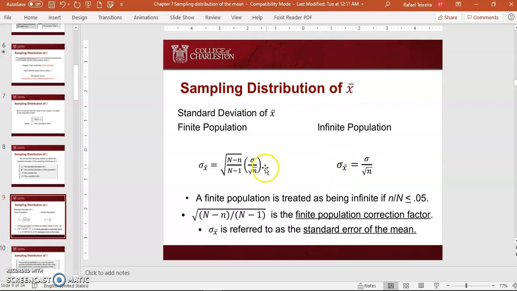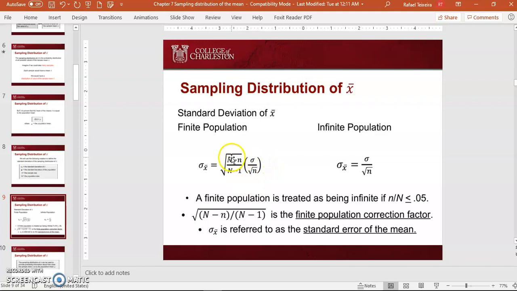You can see that they are very similar. This one is equal to this one. The only difference is that we add this term if the population is finite, which means the standard deviation of the sample mean is always the population standard deviation, sigma, divided by the square root of the sample size.